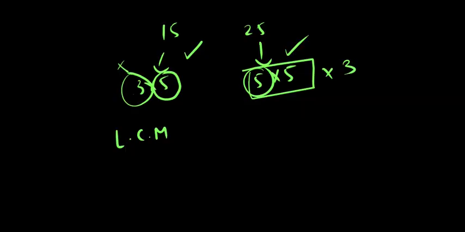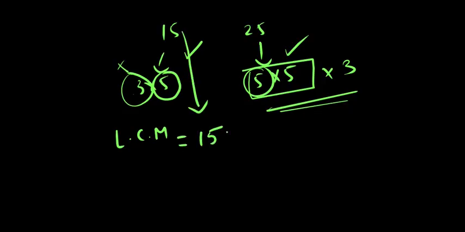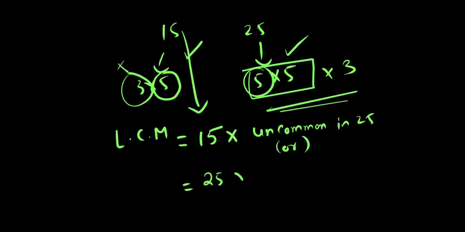So here it becomes LCM. LCM is nothing but 15 into the uncommon in 25. Or if we take 25 into the uncommon in 15, okay, this is LCM here.